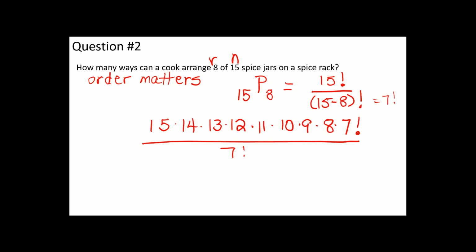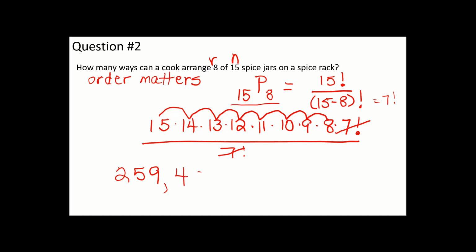Our denominator is 7 factorial. 7 factorial will cancel, and we'll multiply 15 times 14 times 13 times 12 times 11 times 10 times 9 times 8. You can also use your calculator in Desmos or your scientific calculator. Plugging those numbers into your calculator, you'll get 259,459,200.